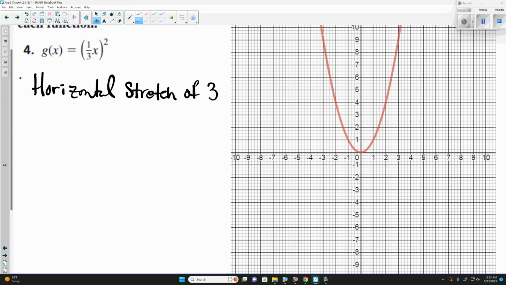Only thing we have applied to it. Since we don't have anything added or subtracted behind the parentheses, it's not moving up or down. Since we don't have anything added or subtracted inside the parentheses, it's not moving left or right. Since we don't have a number in front of the parentheses, there's no vertical stretch or shrink. So that 1/3 is all we have, and that's our horizontal. Questions on this here?